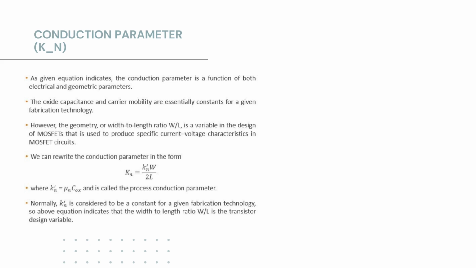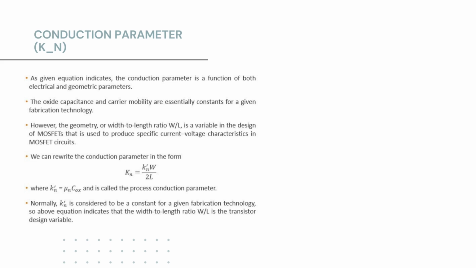We can rewrite the conduction parameter in the form Kn equals Kn dash W by L by 2, where Kn dash is mu n Cox and is called the process conduction parameter. Normally, Kn dash is considered to be a constant for a given fabrication technology.